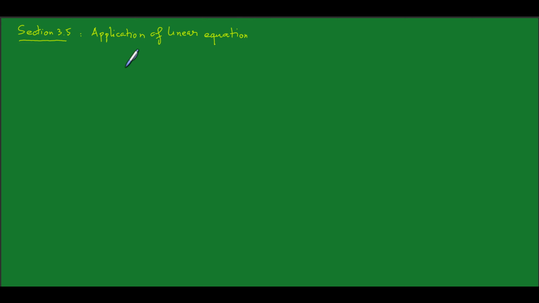In the previous video, we already learned how to solve linear equations. So application of linear equation is nothing but a word problem. I remember in the previous video, I gave you a few examples of word problems too.